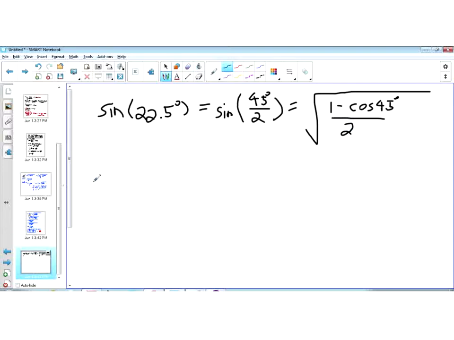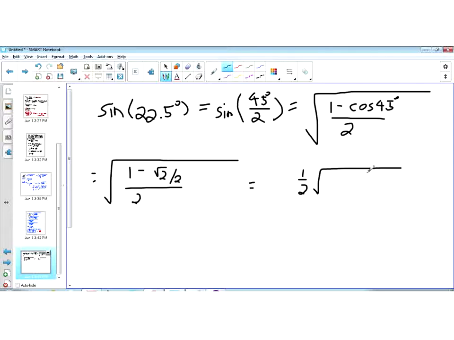And so that is equal to the square root of (1 minus the square root of 2 over 2) over 2. Multiplying upstairs and downstairs by 2, this is just equal to 1/2 times the square root of (2 minus the square root of 2). Okay, so there might be a web assigned question like that.